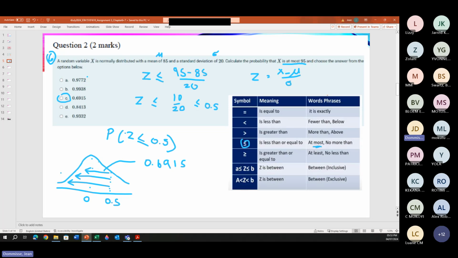Let's just quickly check if I did not miss anything. It is 95, it is 85, it is 20. 95 minus 85 is 10. 10 divided by 20 is 0.5.